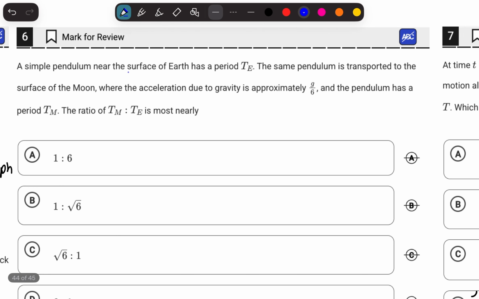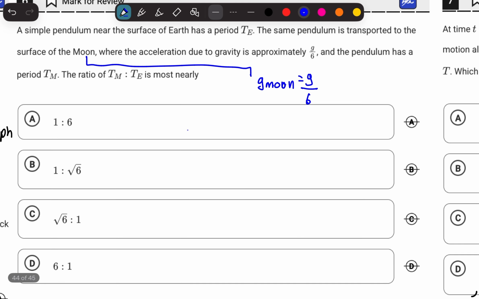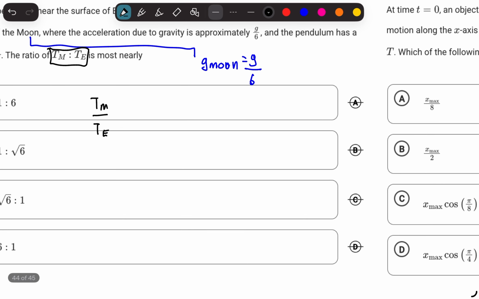So we know that on the moon, we're going to have a gravity of a sixth of the Earth. So what we want to find is this ratio right here, Tm over Te. Now, we're going to use what the period formula is.